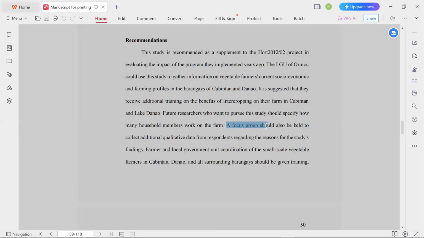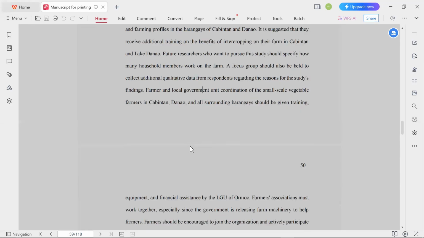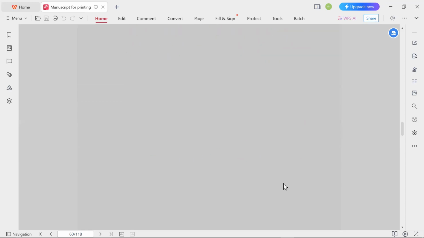I also recommend that they have a focus group to improve this study. And then I also recommend that the LGU should provide training, equipment, and financial assistance. So that's it.